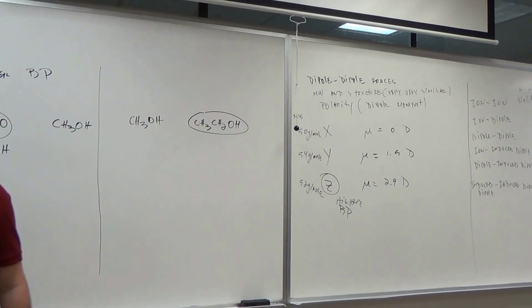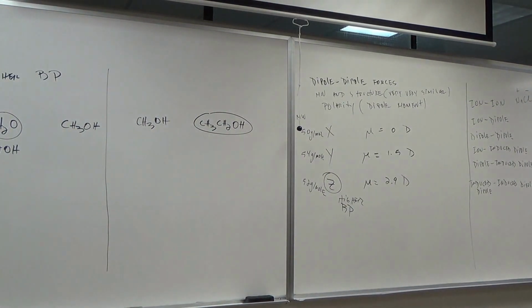I'm going to show you the reason why now. You can only compare dipole moment if the molecular weight is the same and the structure is more or less the same.